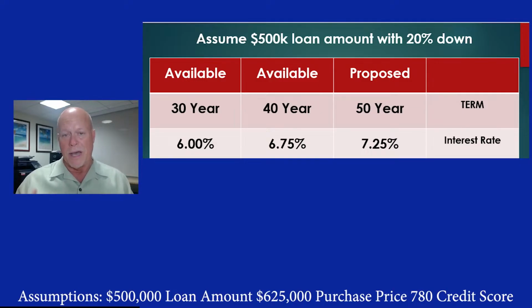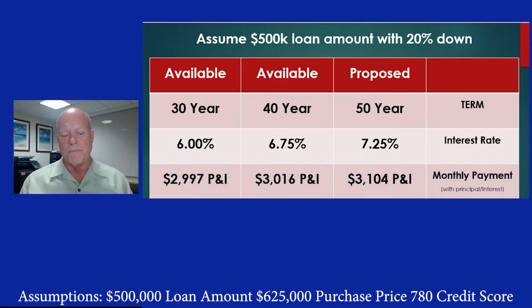And so you can see I made the assumption it would be 0.5% higher than a 40-year. I think that's reasonable to assume. Even more risk from slower principal reduction, and then even longer repayment term, time value of money, the rate's going to be higher.